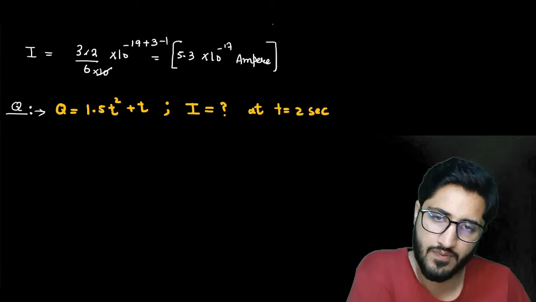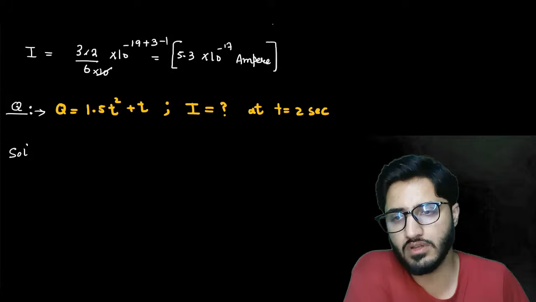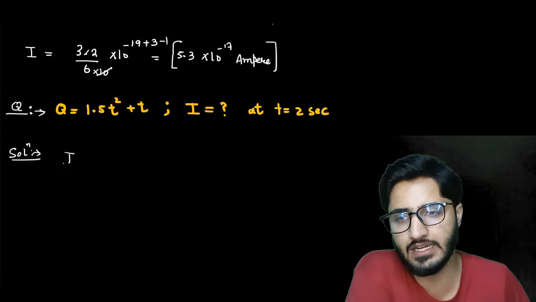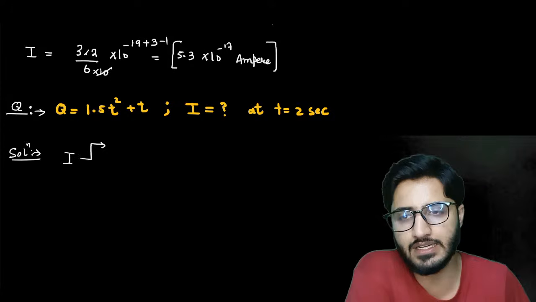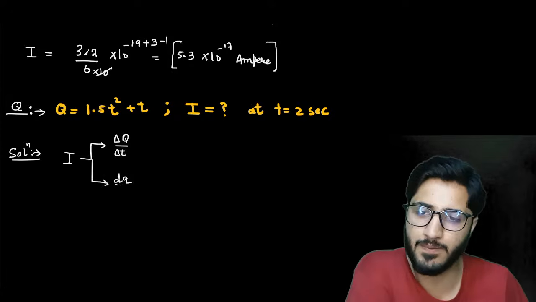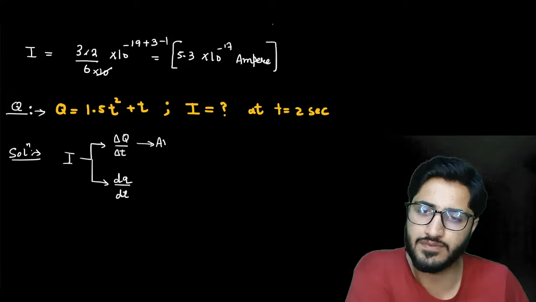Now we have two formulas. In the previous slide, we discussed two formulas. Current, either I can write as delta Q by delta T, or as dQ by dt. This one means average.